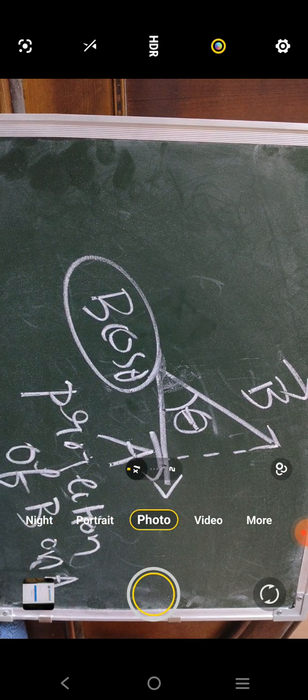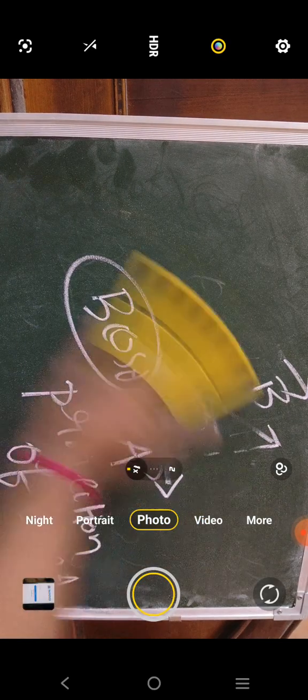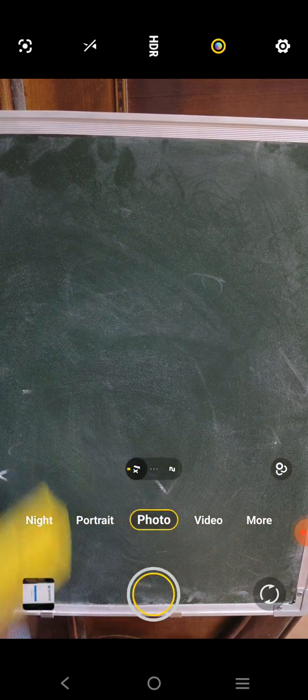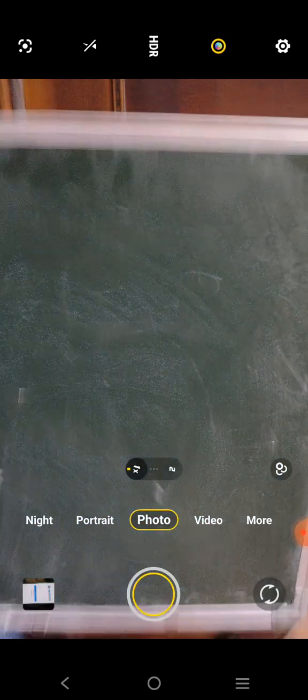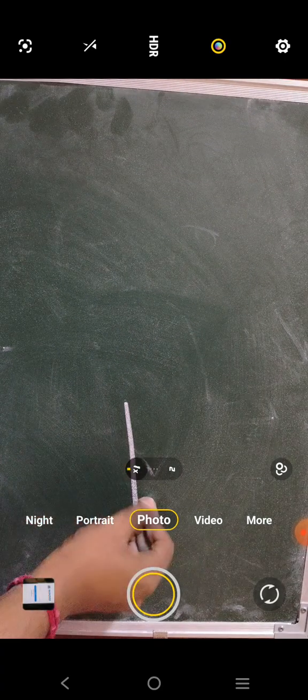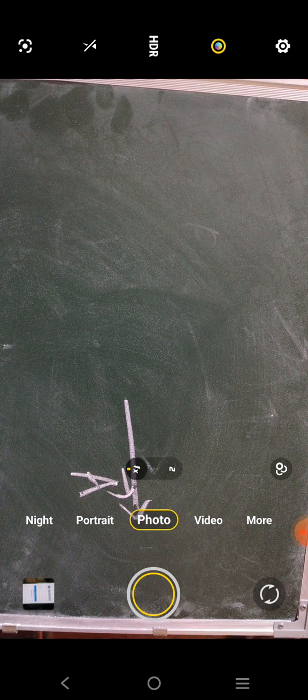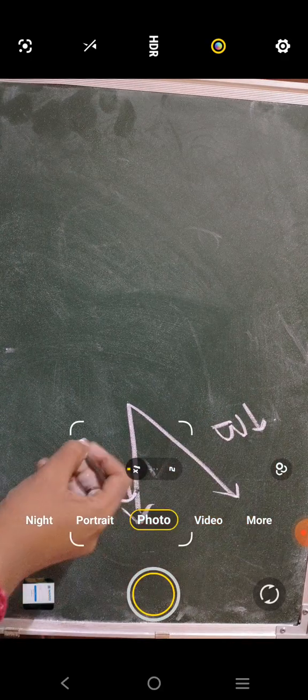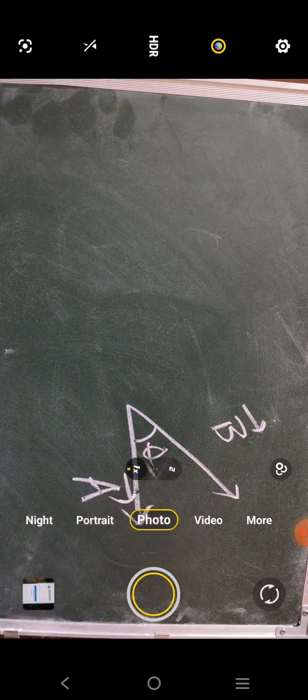How is it B cos theta? Let me draw it clearly. Suppose this is vector A and this is vector B. This is angle theta.